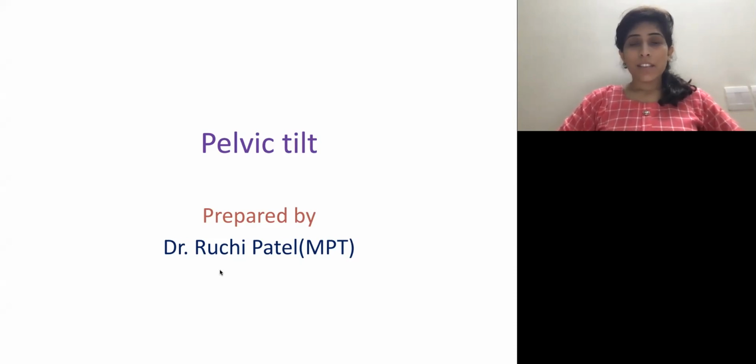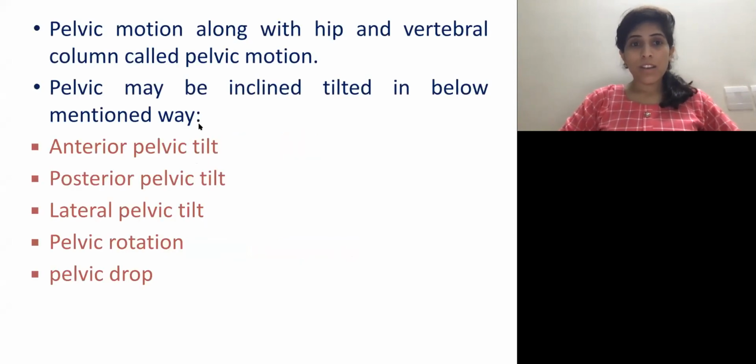In the last lecture, we studied the anterior pelvic tilt and posterior pelvic tilt. So we'll have a brief revision of the previous lectures. As we all know, the pelvic tilting includes anterior, posterior, lateral pelvic tilt and pelvic rotation.